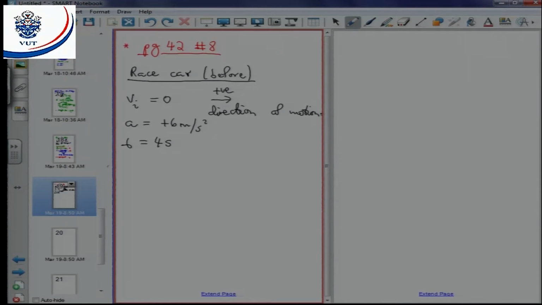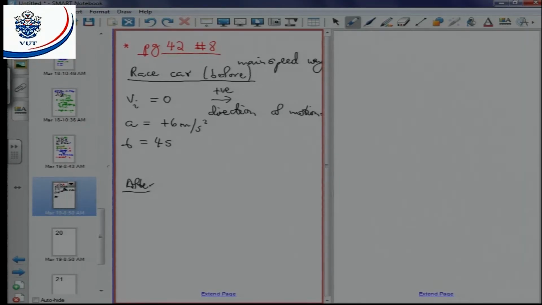So here, this is before he enters the main speedway. This is what we have. And we are told that, so let's say after over here. So now we have after.